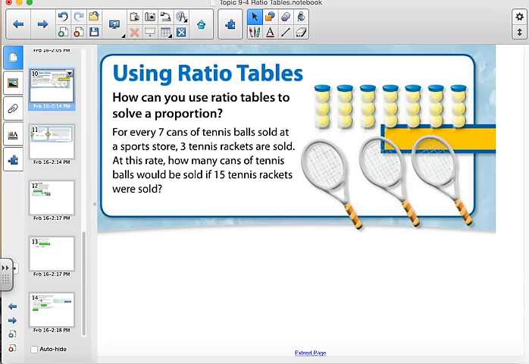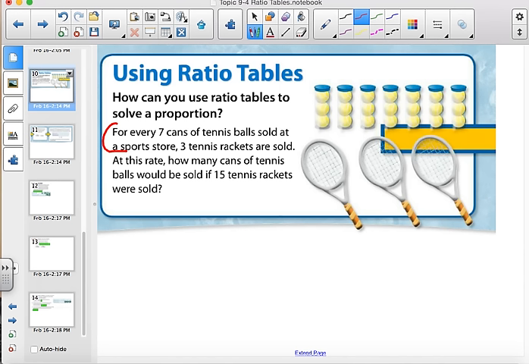That's what a proportion is, and we often use the word proportional as we are going over it. But anyways, here's our situation. For every 7 cans of tennis balls sold at the sports store, 3 tennis rackets are sold. This tells us what our initial ratio is.